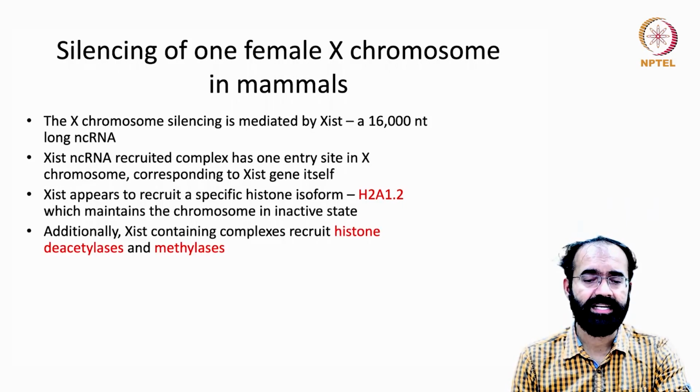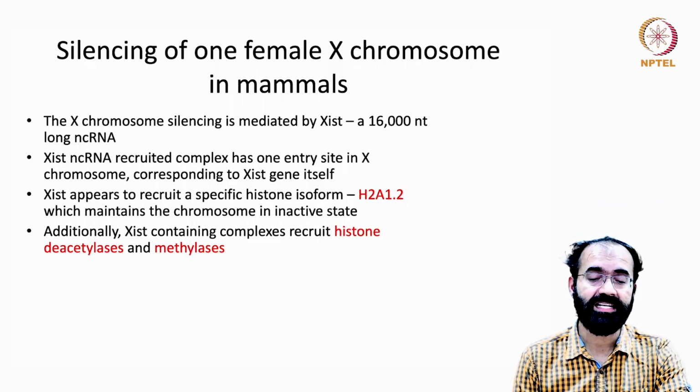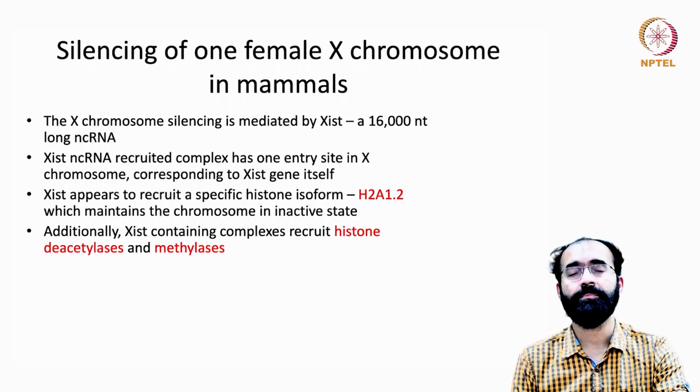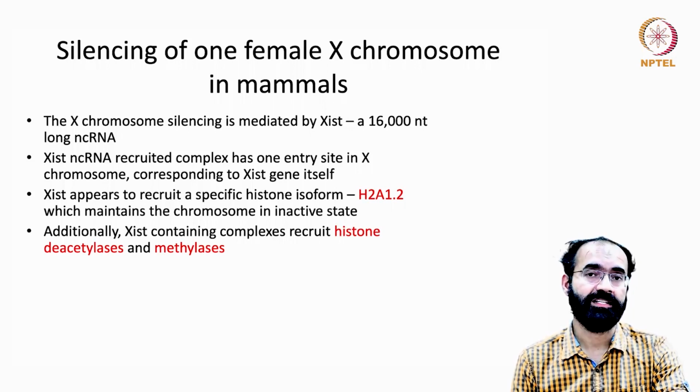Additionally, the Xist-containing complex recruits histone deacetylase and methylase. What is histone deacetylase? A histone can have an acetyl group attached onto it. This will make the histone less attracting towards the DNA.